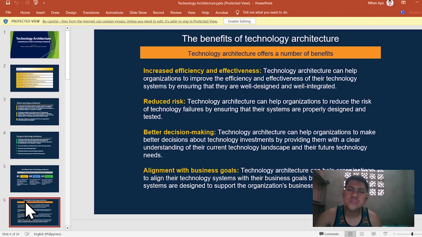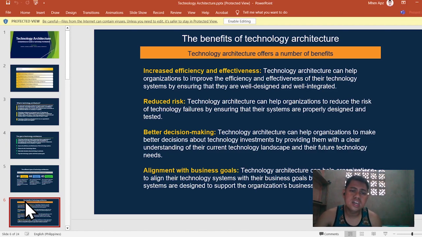The benefits of technology architecture: technology architecture offers a number of benefits. It increases efficiency and effectiveness, in the way that technology architecture can help organizations improve the efficiency and effectiveness of their technology systems by ensuring that they are well designed and well integrated.